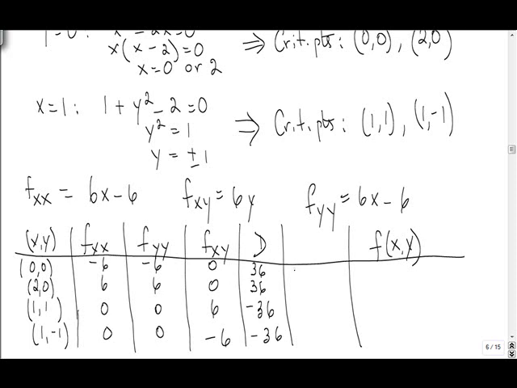Look at D. It's positive. So look at fxx. It's negative. So based on your notes, it's a local max. Next one, D is positive, fxx is positive, so it is a local min. The last two D's are negative, so it's a saddle point.